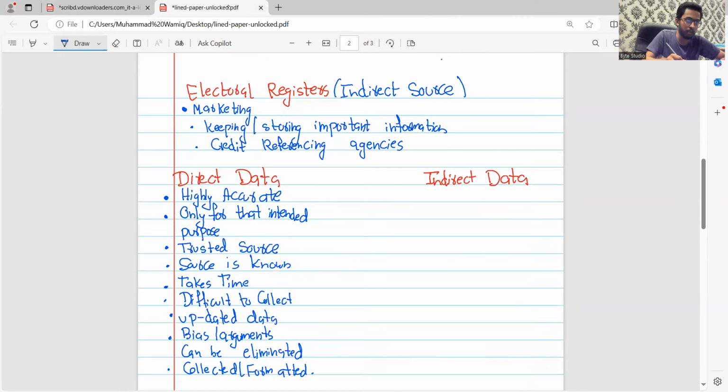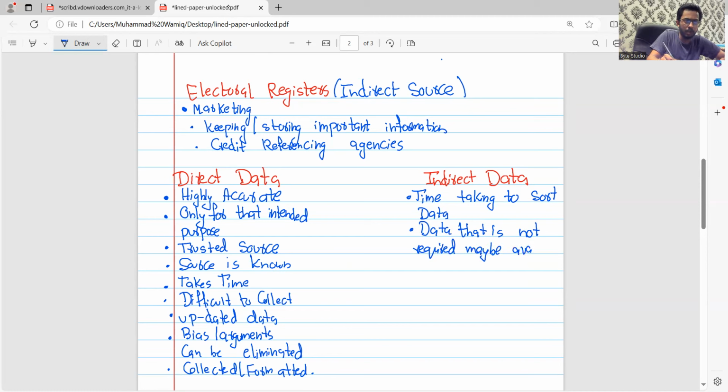So I can write here: time taking to sort data that is not required.